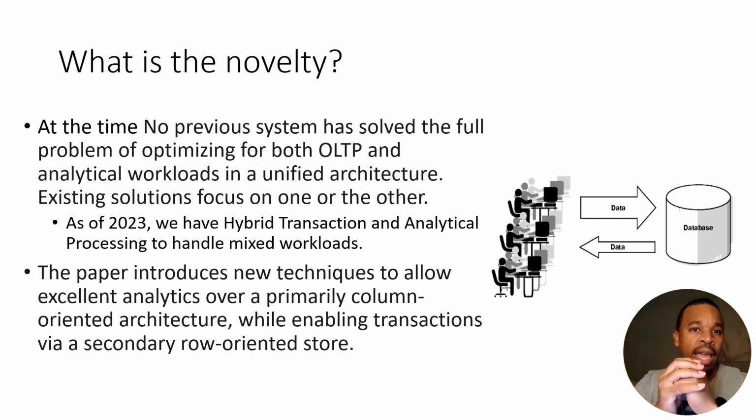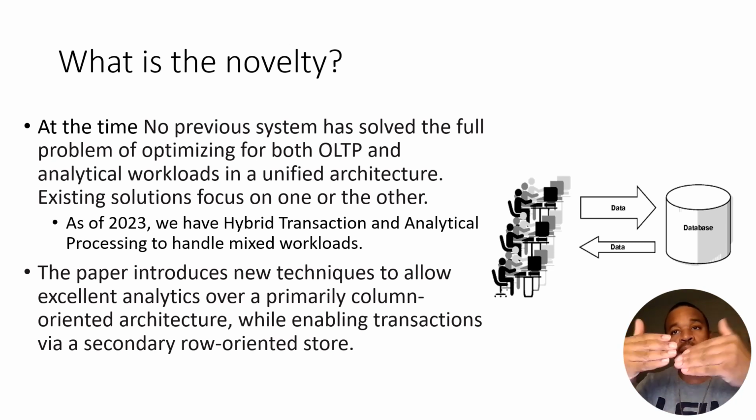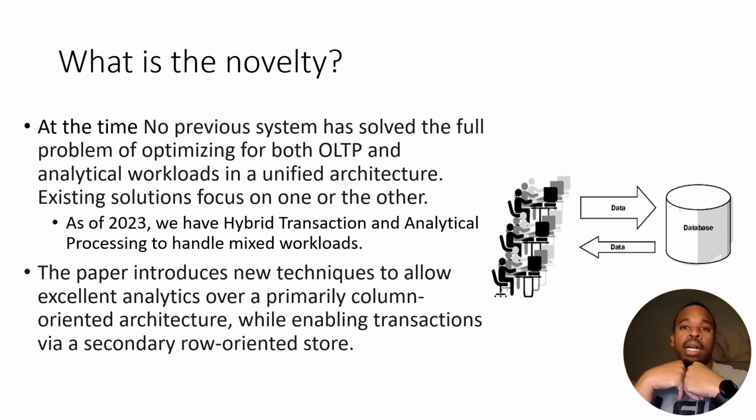Since then, we've had new research or new papers that show the potential of handling problems like this, like HTAP, which is a hybrid transactional analytical processing. This report was released in 2014. It's an emerging application architecture that breaks the walls between transaction processing and analytics.